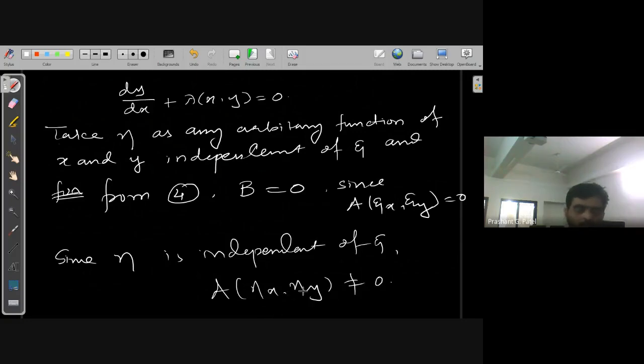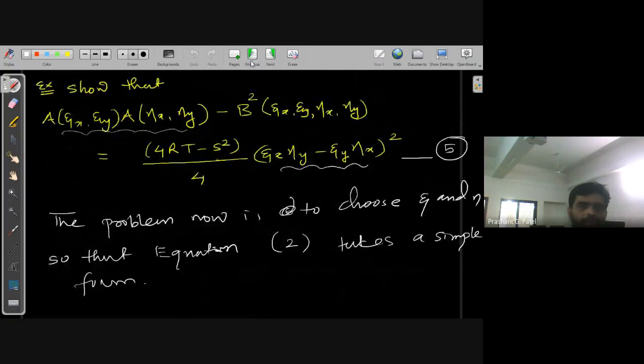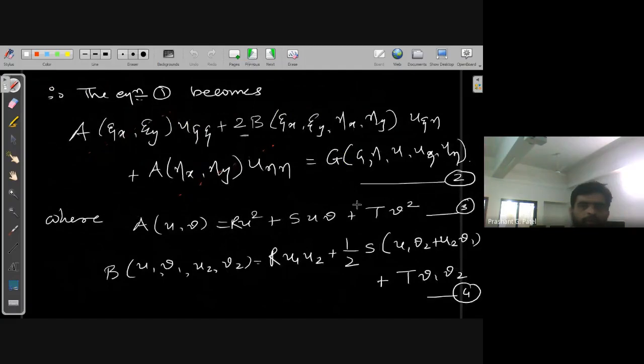And therefore the equation 2 that we have here, since b is 0 and a of xi x, xi y is 0, the equation will reduce to this quantity.